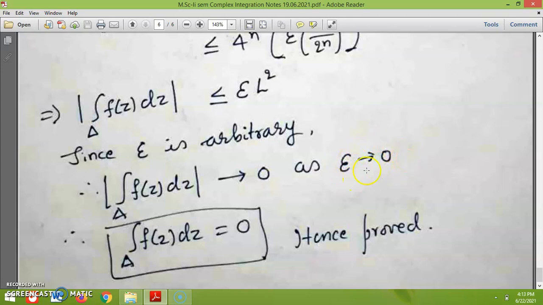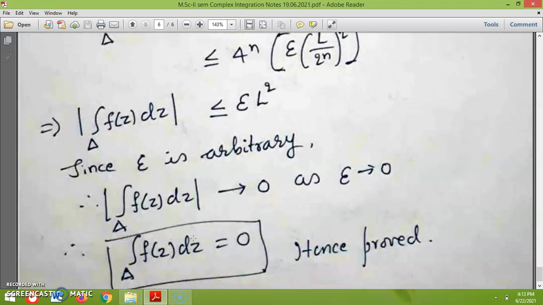As epsilon approaches 0, the magnitude of the integration of f of z over the triangle is 0 also. So the integration of f of z over the closed domain triangle is always 0 there. This is today's lecture as we have discussed in this video.